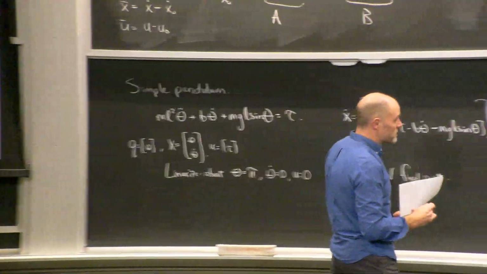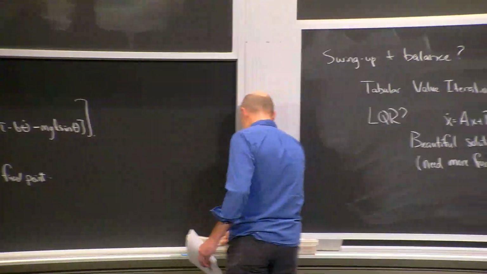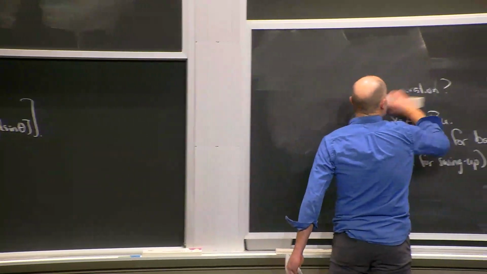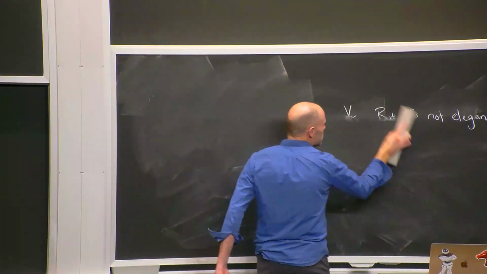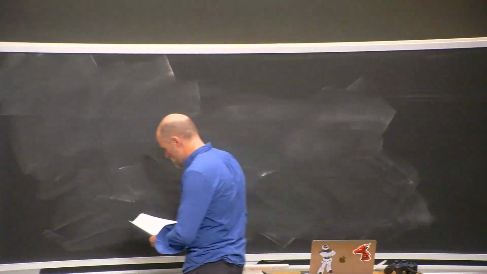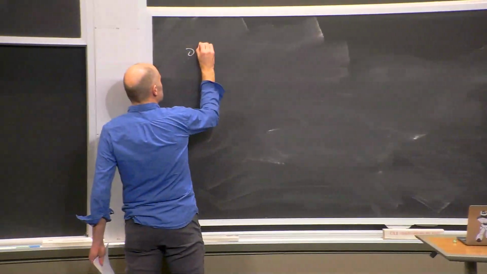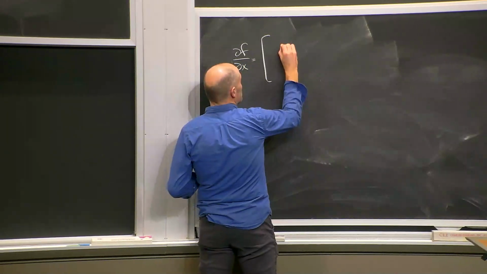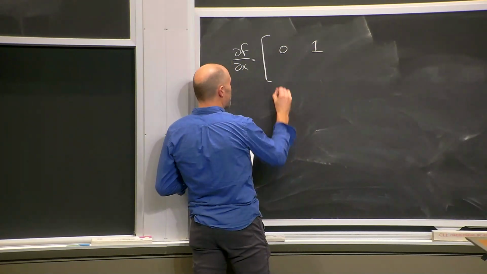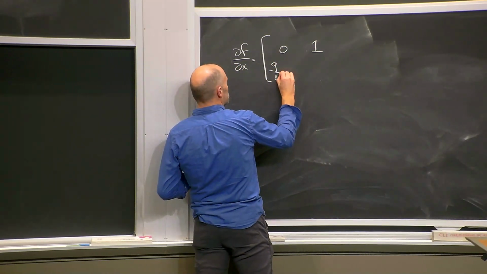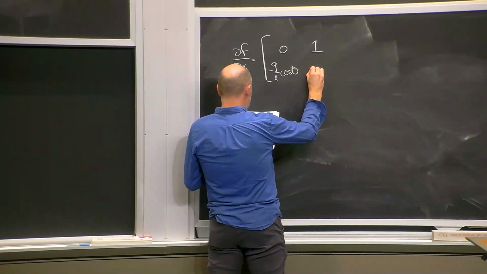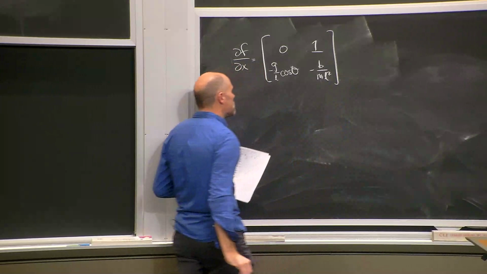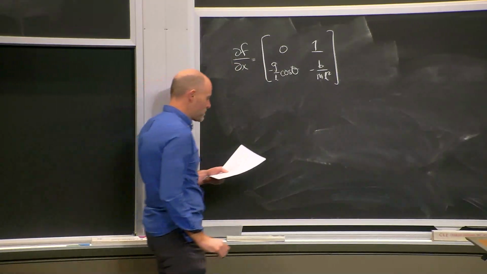And now what's the linearization of that look like? It's not hard to derive, but I'll just write it down so we can look at it. Looks something like this.